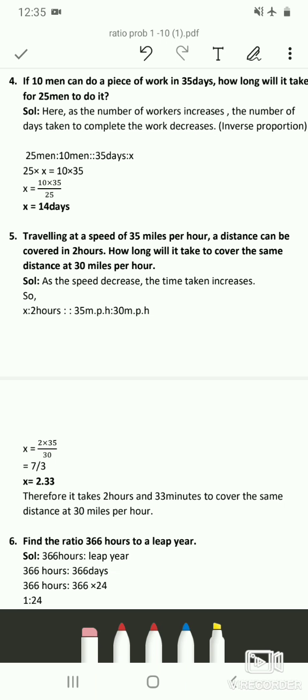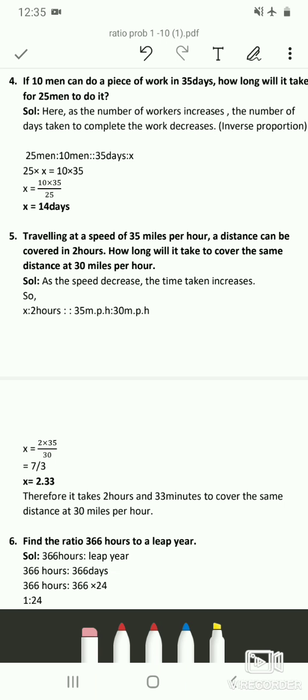So here they have given that a train or some vehicle is traveling at 35 miles per hour and the time it takes to cover the distance is 2 hours. In the next case, they are saying that the speed is decreased, that is, from 35 miles the speed is reduced to 30 miles per hour, and they are asking us to find out the time required to cover the distance.